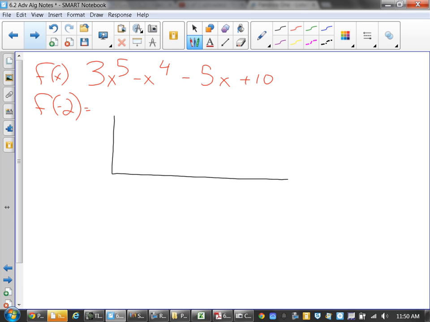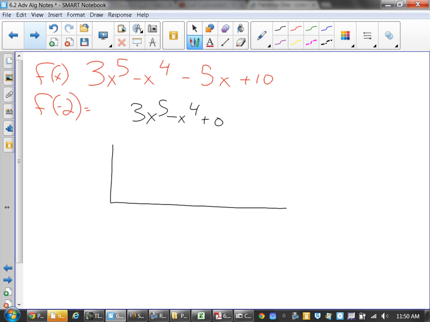So I should have 6 total terms, but my polynomial only has 4. What do I have to put in place then? Zeros, very good. I have to put in placeholders for 3x to the 5th minus x to the 4th plus 0x cubed plus 0x squared minus 5x plus 10. I'm only writing this out for probably the first example to show why the placeholders go.